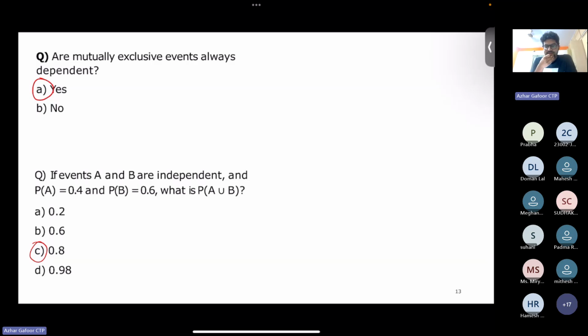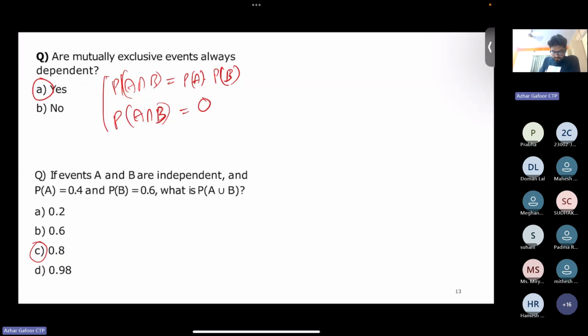Let's say the independence. For independence, we need P of A intersection B to be P of A into P of B. This has to be satisfied. For mutually exclusive, we have probability of A intersection B equal to 0.